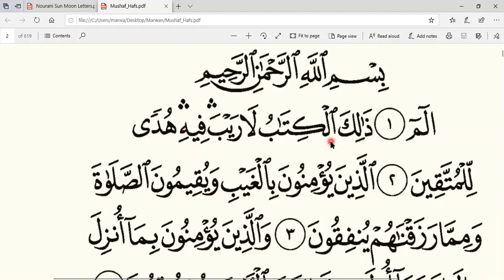So I read dhalikal kitabu la rayba. I can stop here, and after I stop, I pick it up from here and keep going all the way to the end of the ayah. Or I can read and stop here, and then restart from the next word and continue to the end of the ayah. But I cannot stop, read one word and stop again.